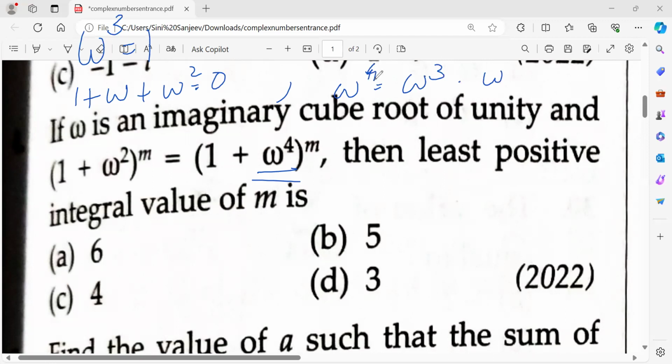What is my omega cube? First only I wrote. Omega cube value is 1. So can I write this as 1 plus omega in place of omega power 4?